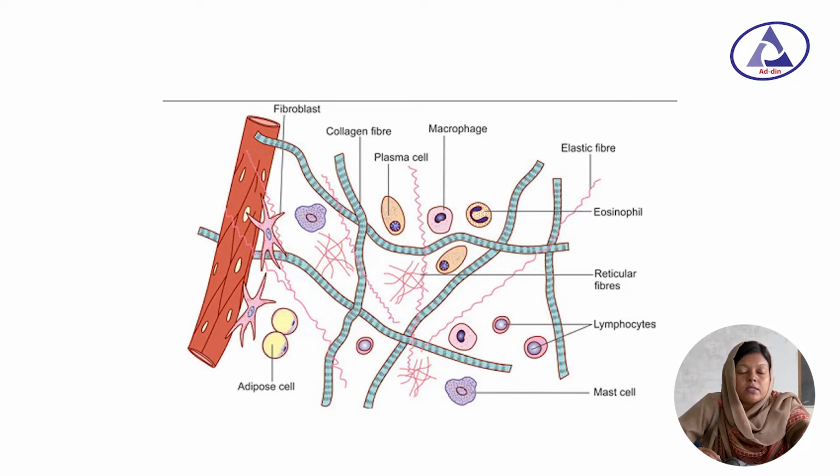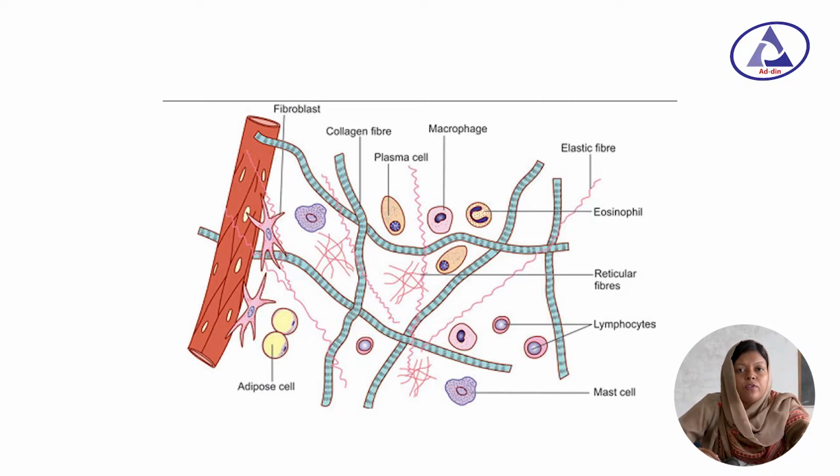And in extracellular matrices, which are composed of fiber and ground substance, in fiber we see the thickest fiber is the collagen fiber, then the reticular fiber, and the thinnest is the elastic fiber. And in between cell and fiber, the whitish component is the ground substance. Some blood vessels are also seen.